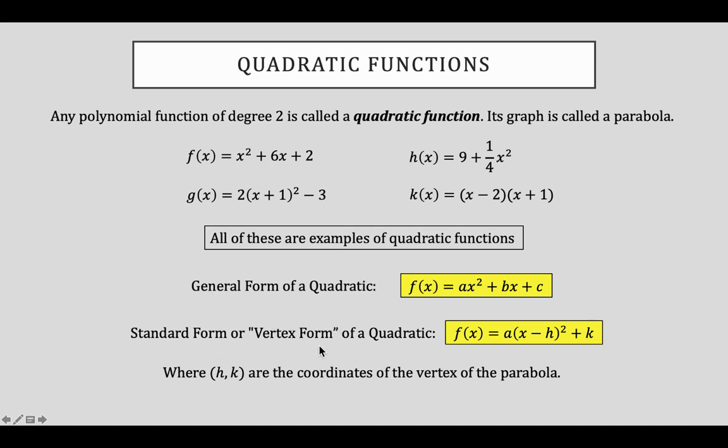The reason we like vertex form is because it actually gives us the vertex of the quadratic. f of x is equal to a times the quantity x minus h squared plus k, where the ordered pair h comma k are the coordinates of the vertex of the parabola. All right, so having a quadratic written in vertex form or standard form can be very helpful because if we want to sketch a graph, we know exactly where the vertex of the parabola is going to be.